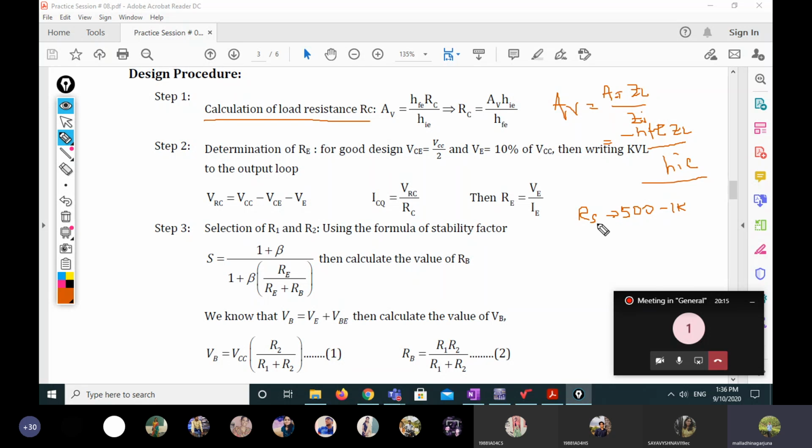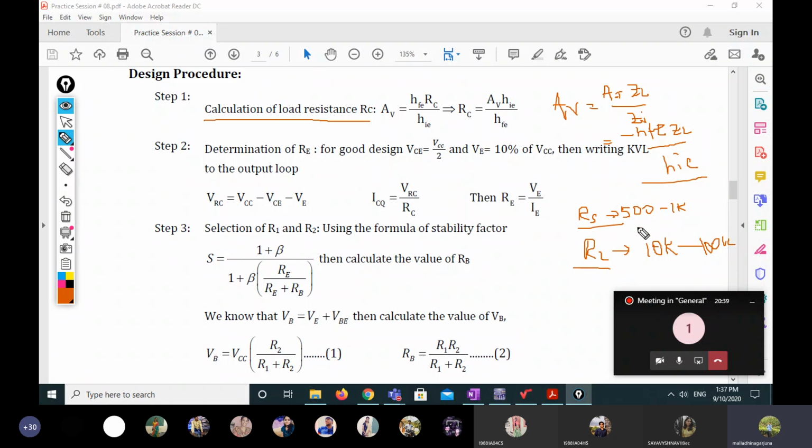You can take any value in between. Need not calculate anything. And the load resistance is in parallel. It is between 10K to 100K. You can take it. This is the typical range of source resistance and load resistance.